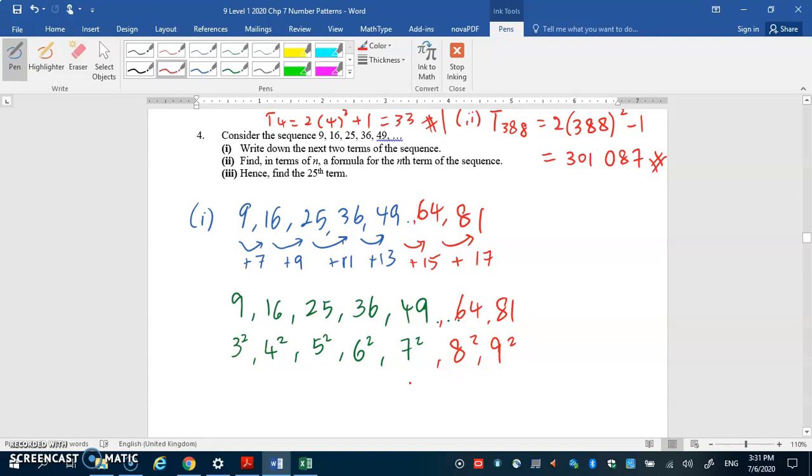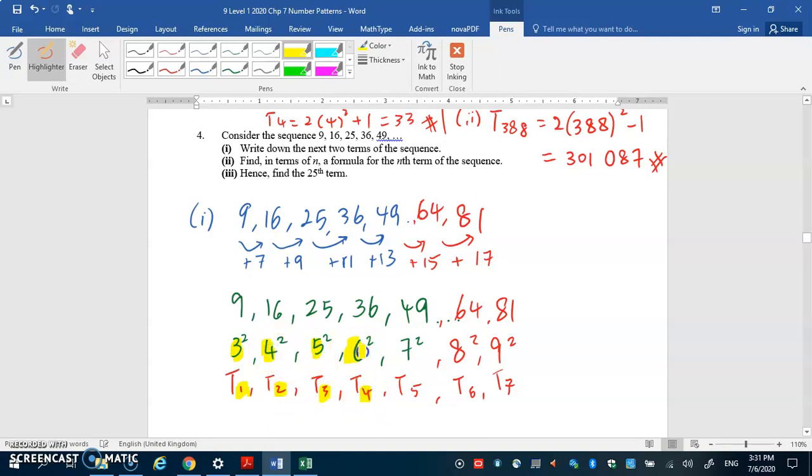But actually the second method is better because it helps us find the nth term very easily. Okay, so if you can see that this is T1, T2, T3, T4, T5, T6, T7, right? What's the relationship between the number here and the number here?